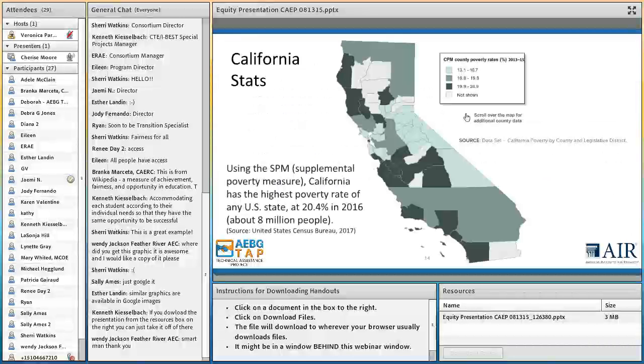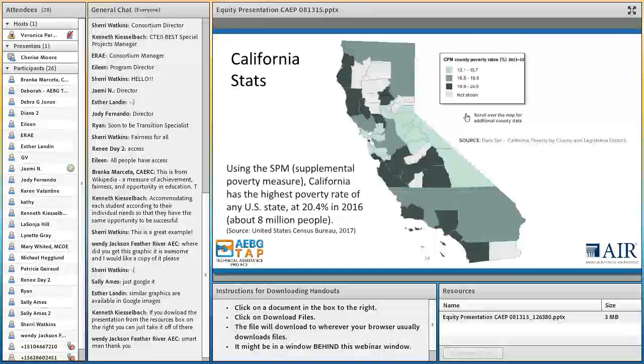Find where you live on this map. Find where you live and look at what the poverty rate is where you live.